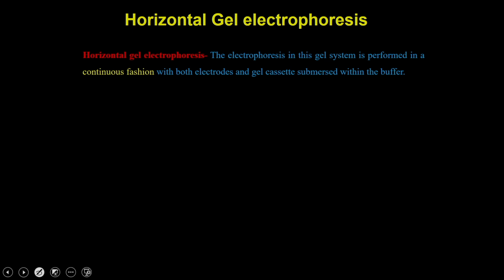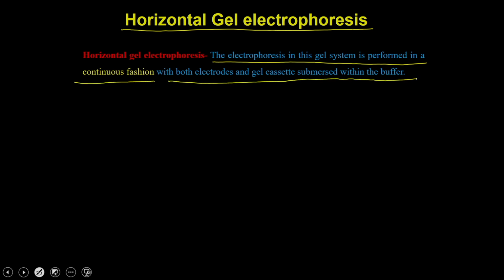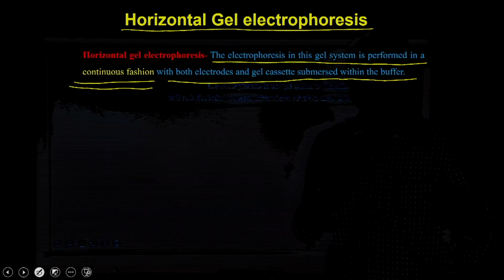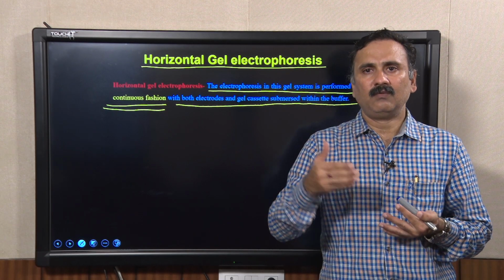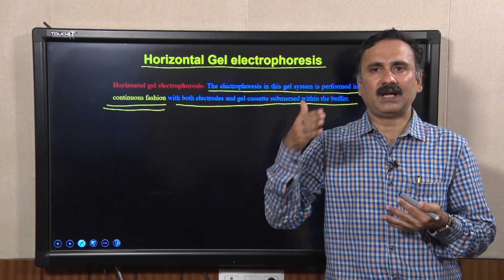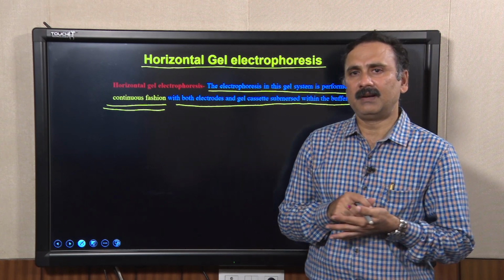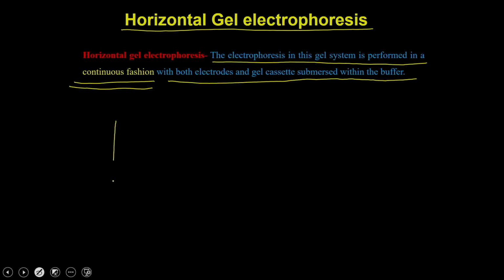In horizontal gel electrophoresis, the electrophoresis in this gel system is performed in a continuous fashion, with both electrodes and the gel cassette submerged within the buffer. What is meant by continuous electrophoresis is that the current is not forced to flow only through the gel. For example, when you run vertical gel electrophoresis, you have two chambers.